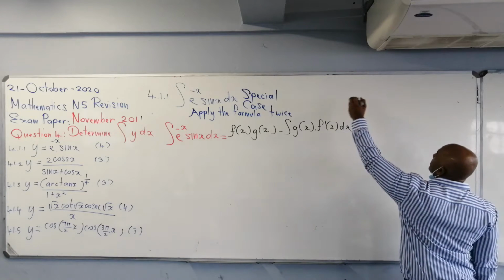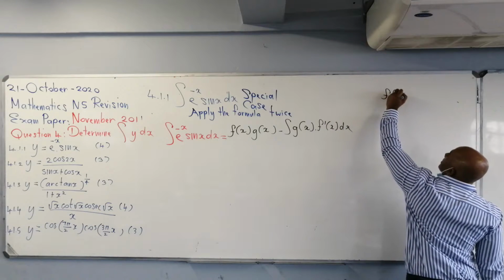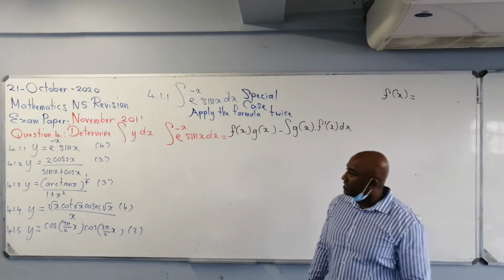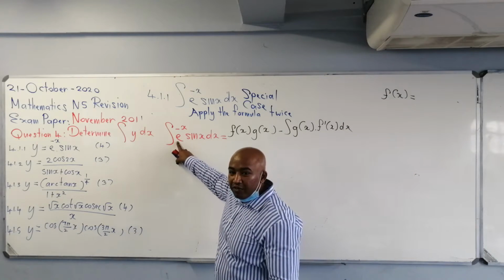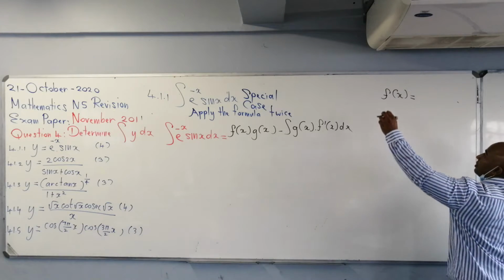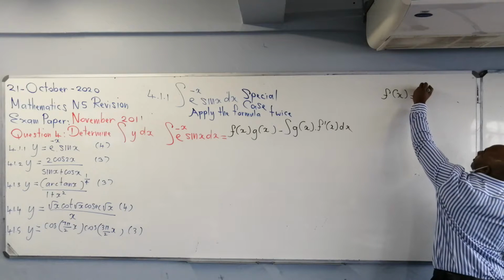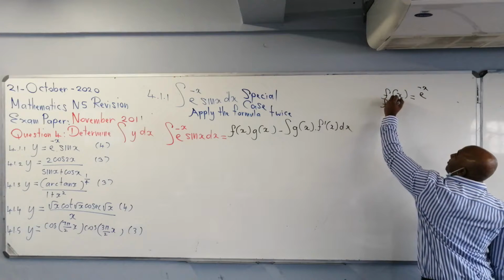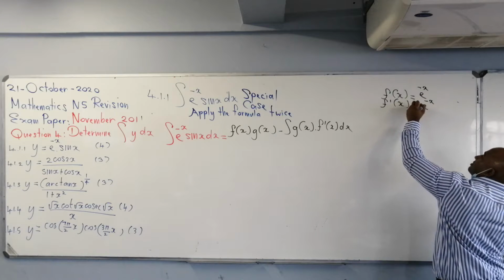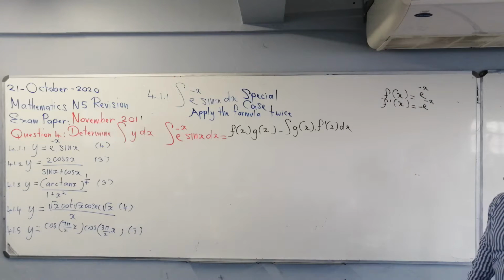So your f of x, for the first time f of x, now remember your priority lists. This is number 4, that's number 5. So we always choose what's higher up. So f of x is e to the power minus x. So f prime x will be e to the power minus x times minus 1.